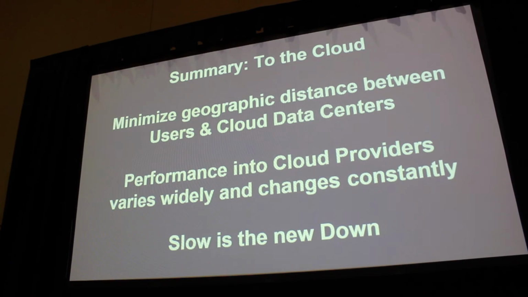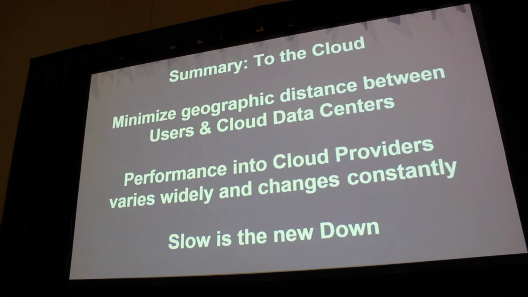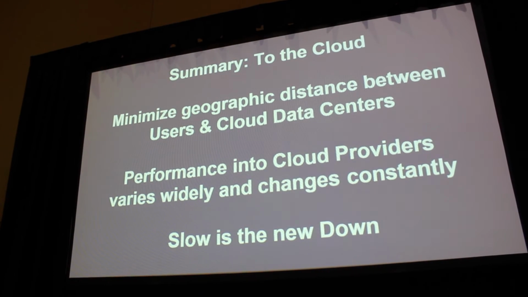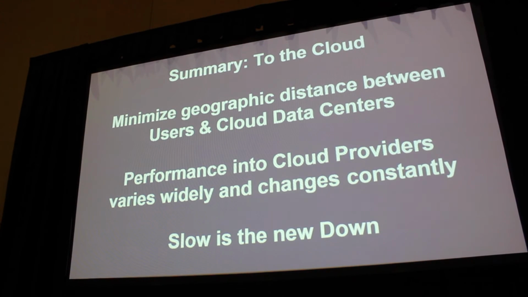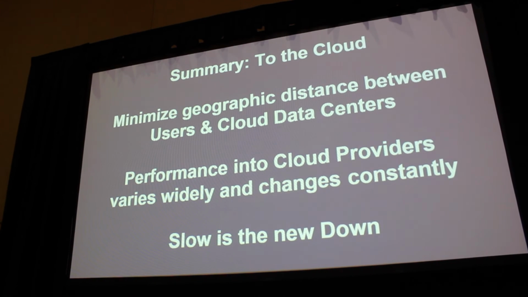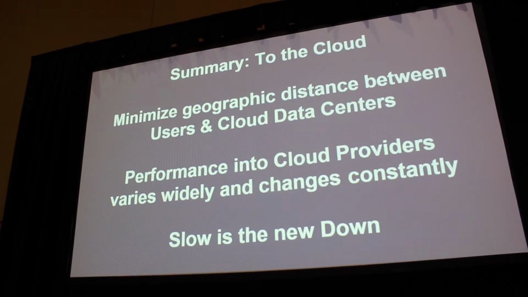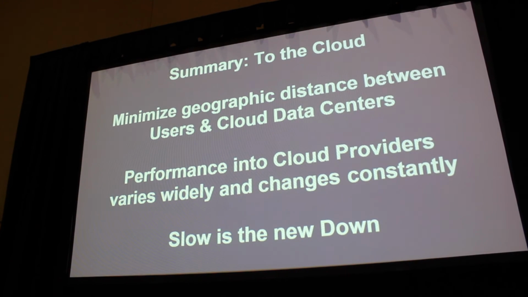So just to do a quick summary, as you make a transition to a cloud provider, or if you are choosing a SaaS provider, these options are often relevant as well. You need to make sure you understand where your users are and choose the right geographically centered cloud data centers to minimize that distance. It's 40 milliseconds to traverse North America.